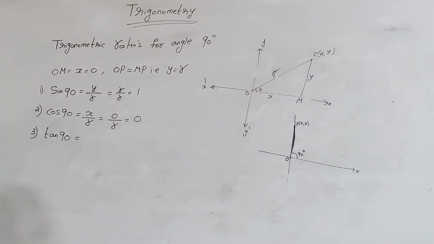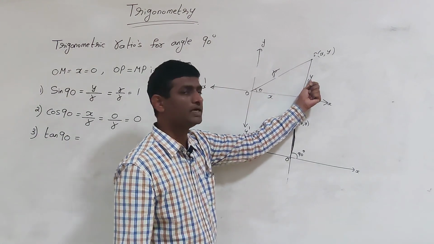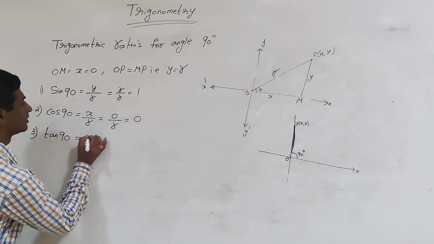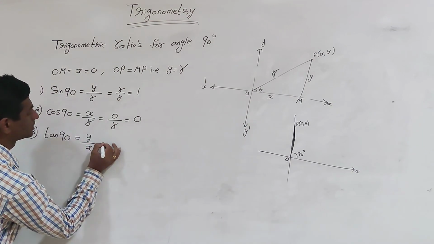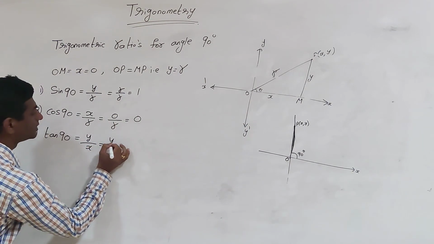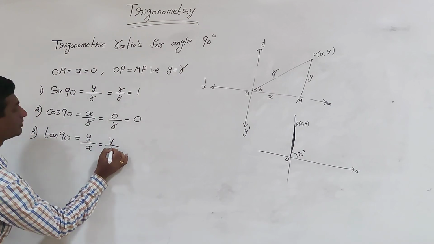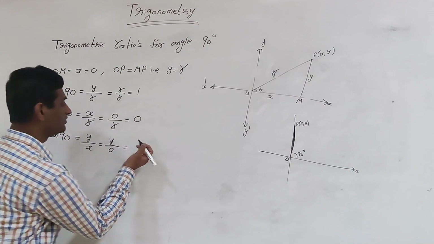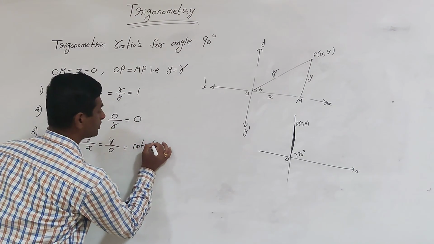Opposite side by adjacent side of 90 degrees, y by x. But x is 0, and anything by 0 is not defined. It is infinity, so we say not defined.